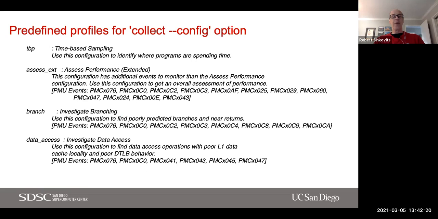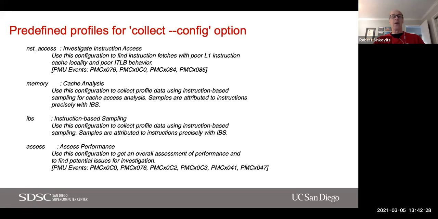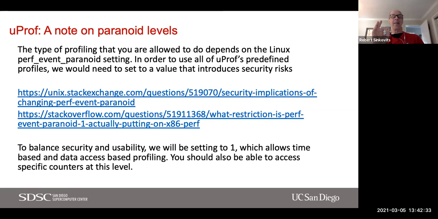It's not going to allow you to do, say, the branch profiling, where you can investigate poorly predicted branches in your code. But I tinkered with that a little bit, and I found that I could still get that information if, instead of using one of the predefined settings, I just manually specify a few of the events that I want to track.